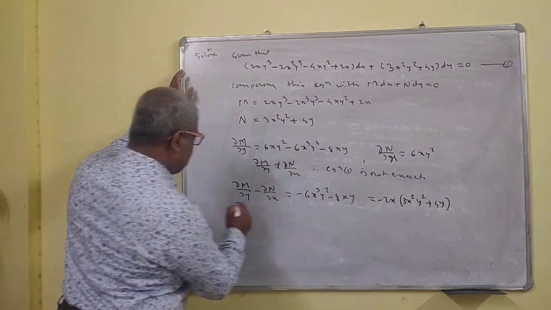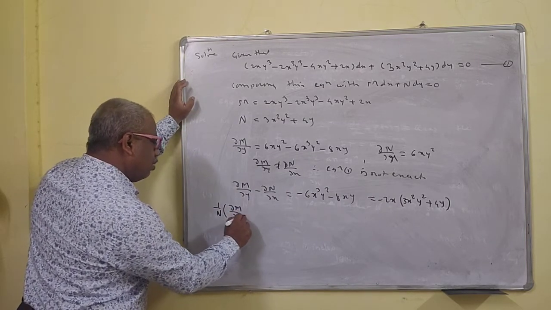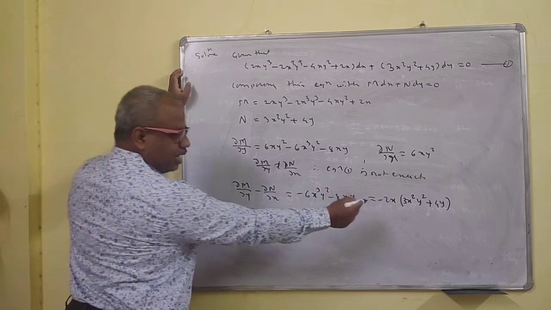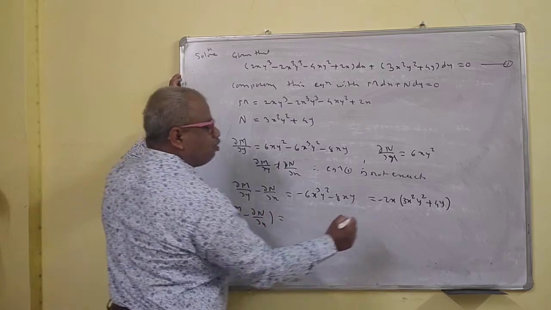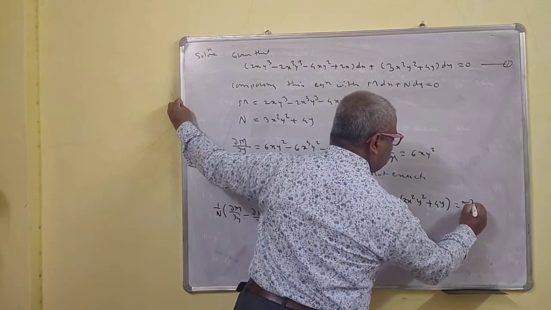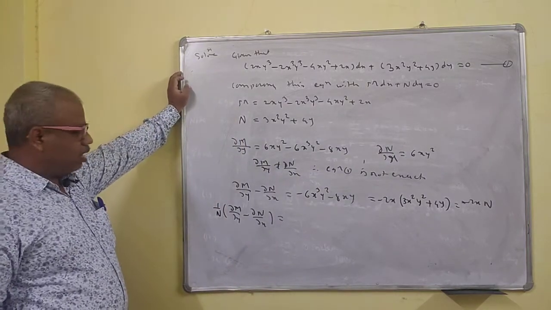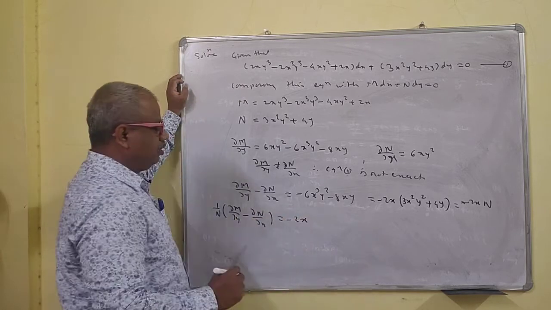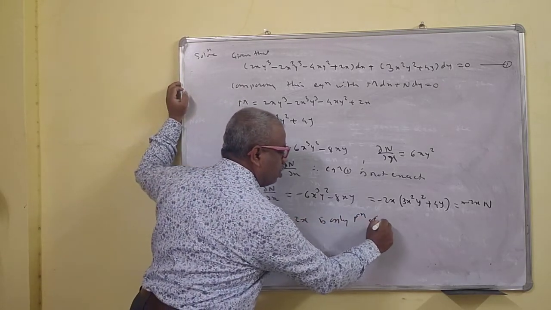This is your N. That means after dividing by N, 1 by N times (∂M/∂y minus ∂N/∂x) is equal to, since you have shifted this N here, minus twice x N upon N. So 1 by N times this is equal to minus twice x, which is only a function of x.